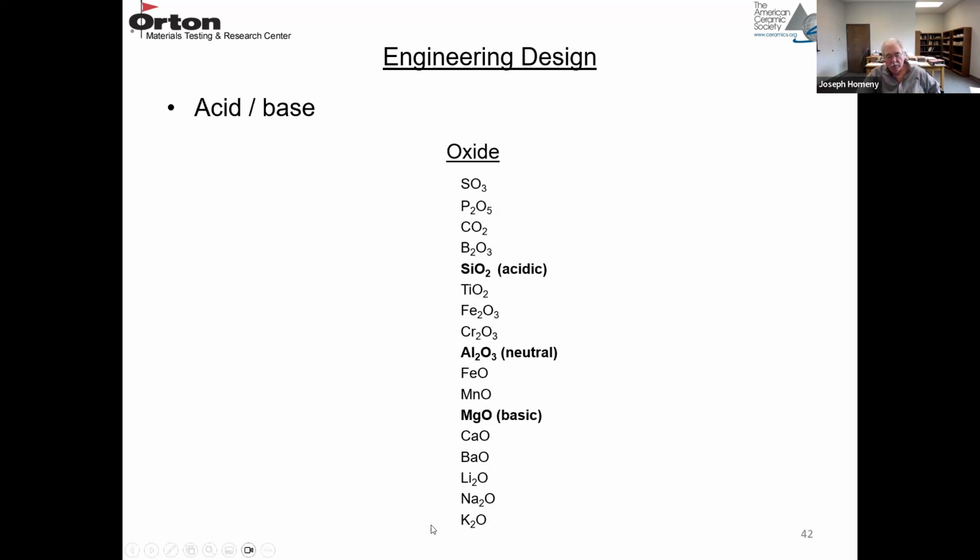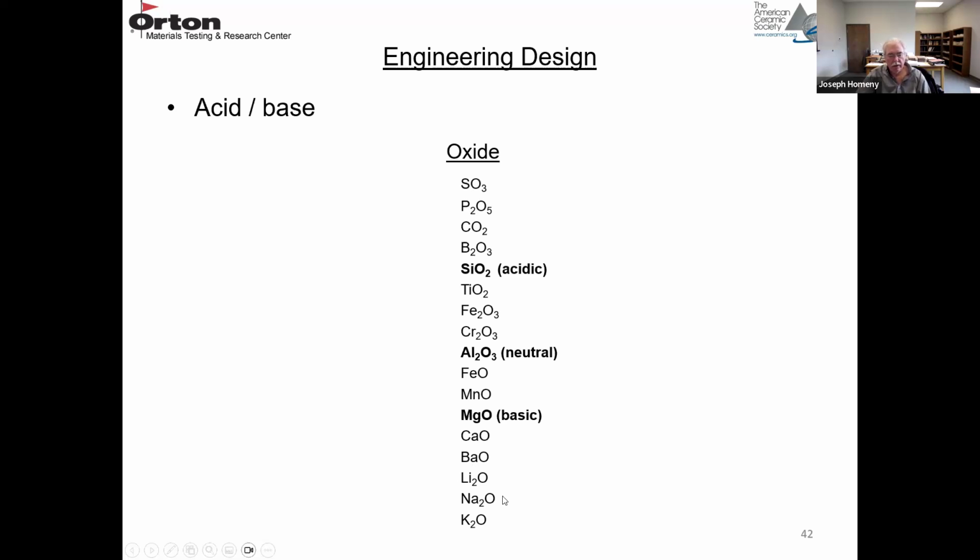So there's this table. This is an abbreviated table. They can be much longer. These are empirical tables. These are oxides that are ranked from highly acidic at the top, like SO3, going down to more basic, such as K2O.